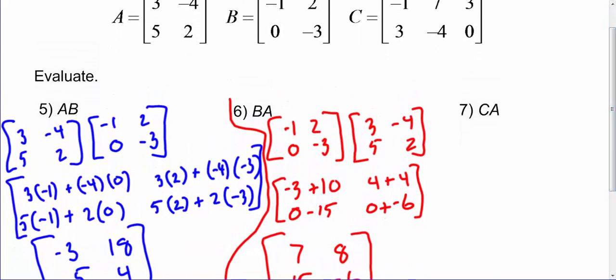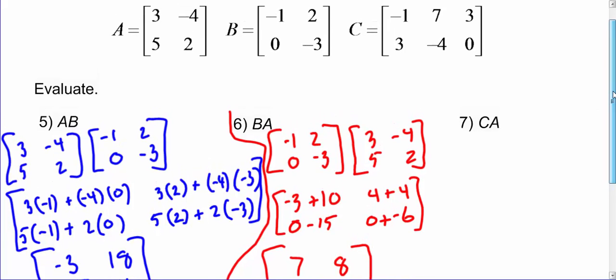Okay, and then last one we're going to look at on this slide is C times A. Now, let's think about this for just a moment. C is 2 by 3. A is 2 by 2. Folks, the key numbers here are this and this, 3 and 2.